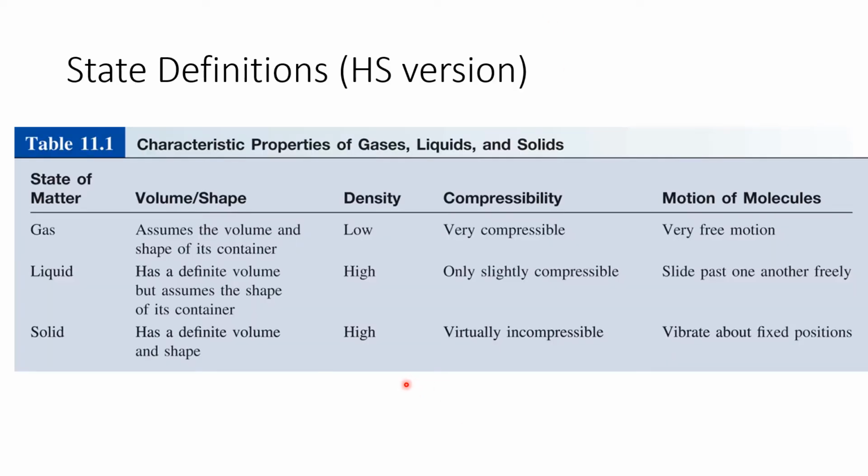So let's start with a quick review of, let's call it a high school version of state definitions, of the typical three: solid, liquid, and gas. So my usual thought experiment is if you take a 1 decimeter, that's a tenth of a meter, cube on each side of, let's say it's like a glass beaker, except it's made into a cube.